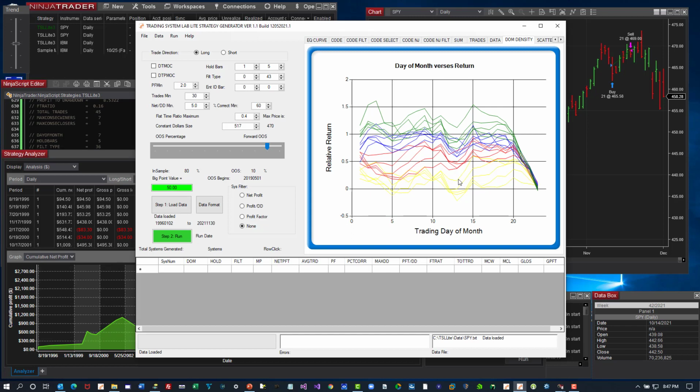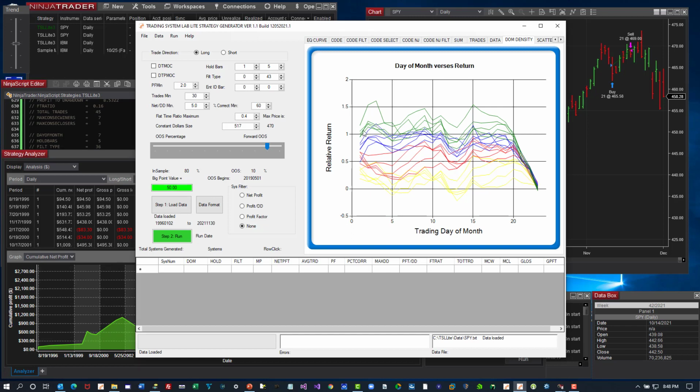This is very common with the S&P 500 type of data, as well as Dow and NASDAQ. We have this middle of the month depression where we really want to avoid going long, or at least evaluate more thoroughly going long the market in the middle of the month.